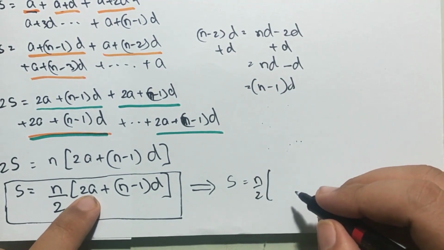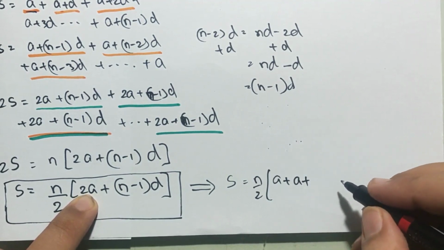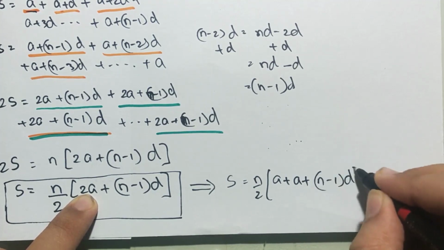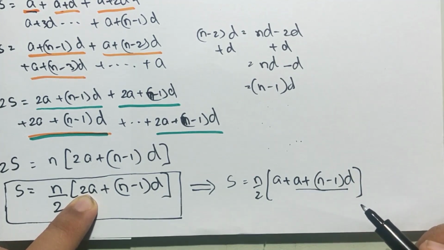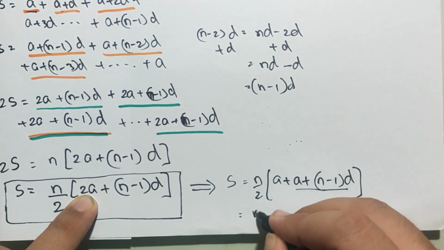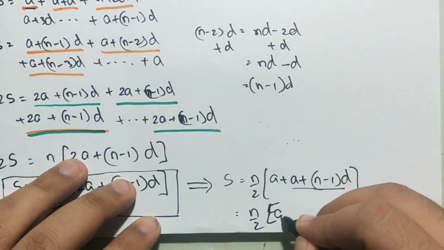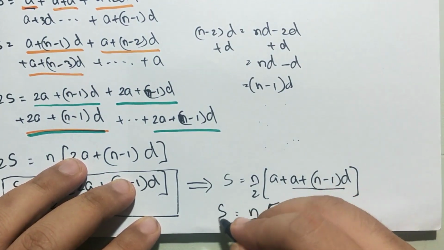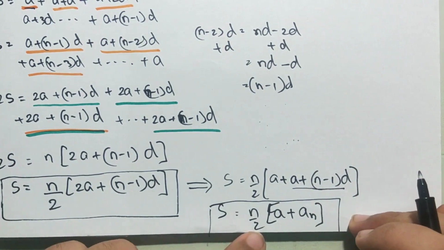This 2a, I'm splitting as a plus a, and I'm writing n minus 1d as it is. In this bracket, see, this is a plus n minus 1d. What is a plus n minus 1d? Correct, it is an. So in the bracket now it will be a plus an. This looks simpler, but many times we cannot use this.